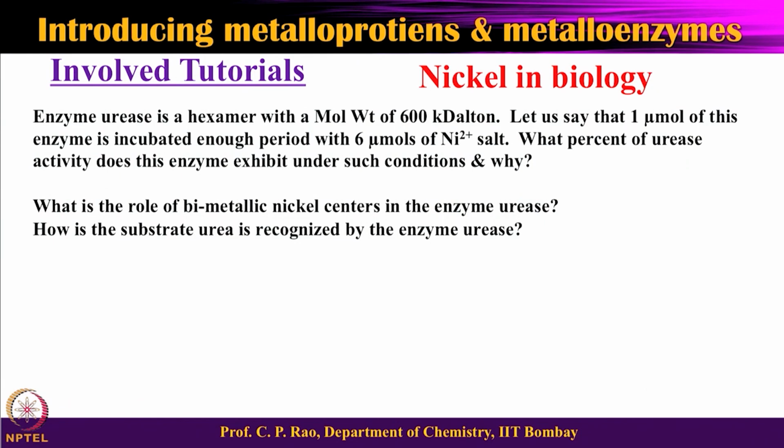The enzyme urease is a hexamer with a molecular weight of 600 kilodalton. Let us say that 1 micromole of this enzyme is incubated for a long enough period with 6 micromoles of nickel 2 plus salt. What percent of urease activity does this enzyme exhibit under such conditions, and why?